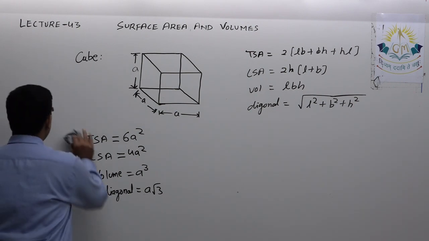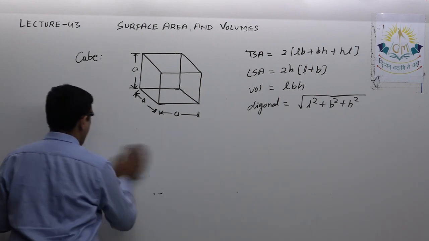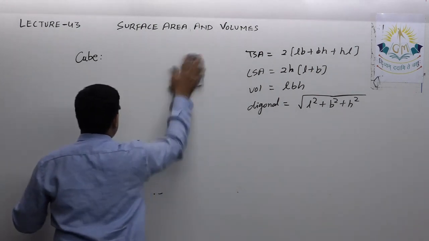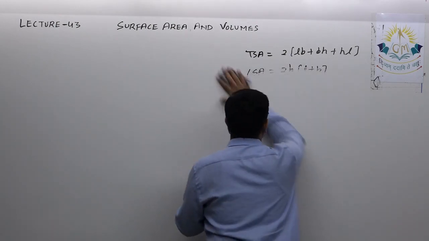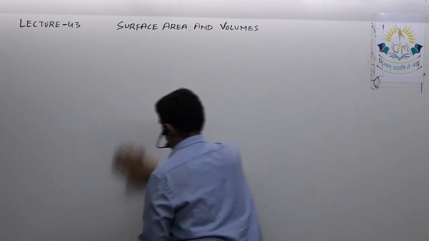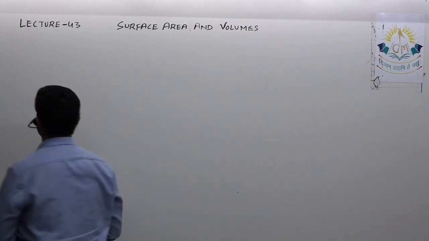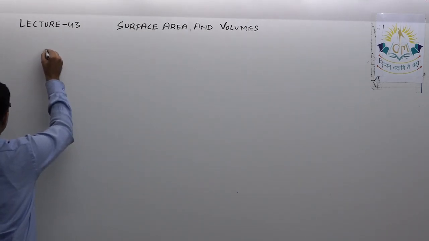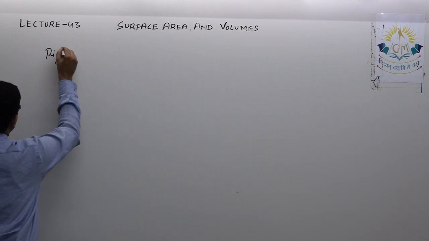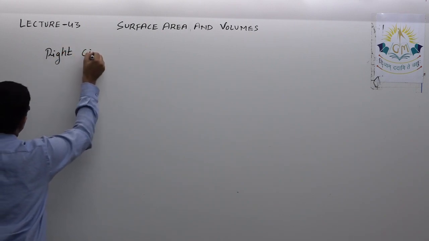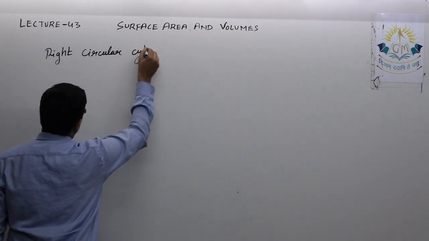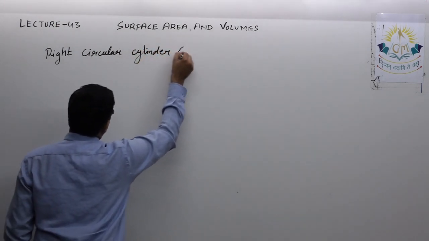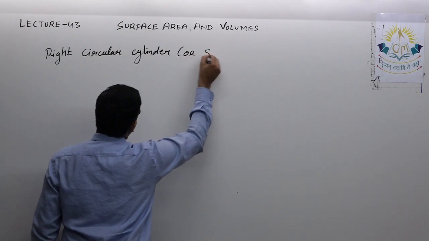Okay, so next we will see cylinder. Now I can write either right circular cylinder or simply cylinder.